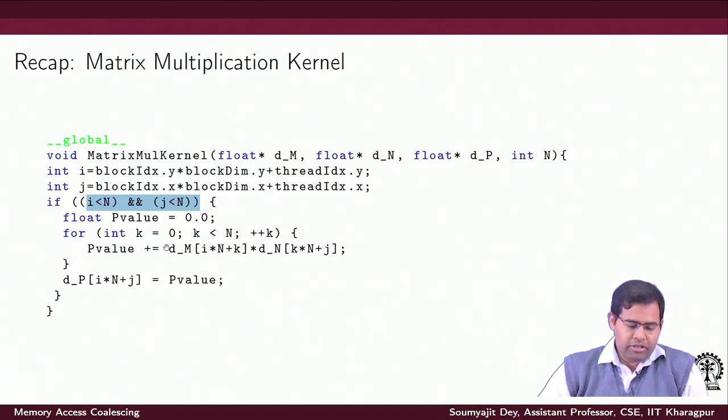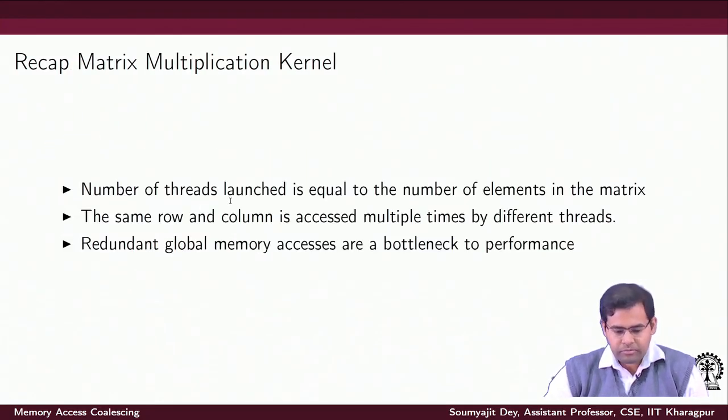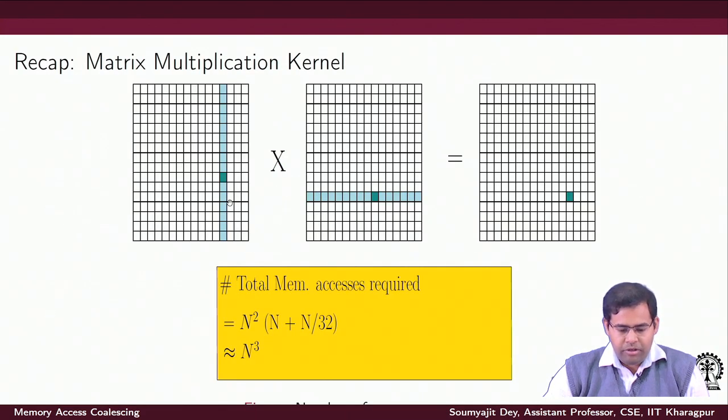The thread multiplies the elements of one row of matrix 1 with the elements of the corresponding jth column of matrix 2, sums it up, stores it in p value, and this value is finally transferred to the output matrix location, d p here. In terms of a figure, this is the per-thread activity: the thread launched for accessing the ith row and jth column.